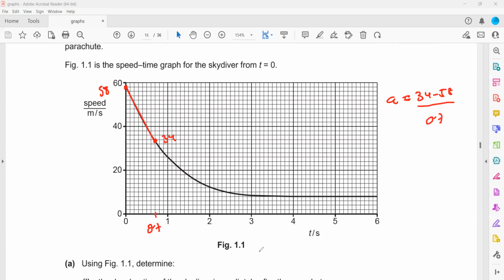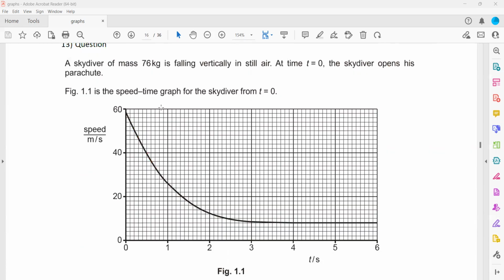So I will get approximately the same answer. Is it clear? They asked for initially, and this is the part where initially it was decelerating. Then the deceleration is decreasing. That's why we have to take a different value. So this was question number 13.